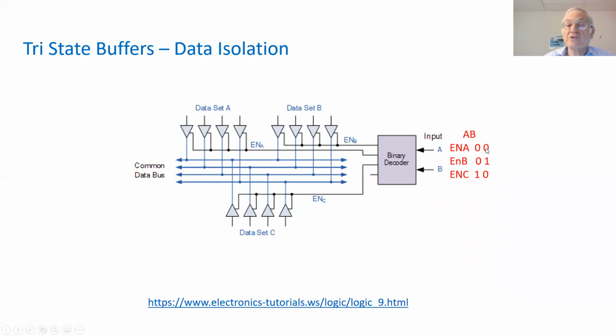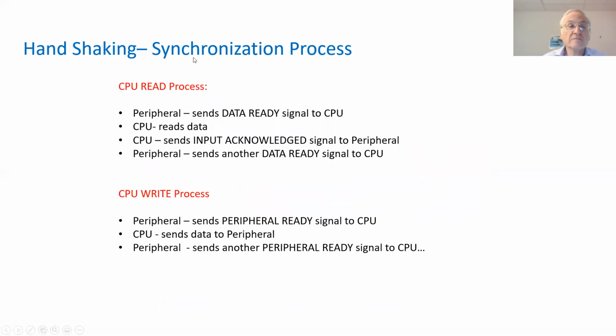So if 00, for example, is given with A and B, A is 0 and B is 0, then we will enable A. So the signal will come out to A. All of these diodes will enable the signal, and the bus will be connected to data set A. Similarly, it will be done with the other data sets when they are enabled.